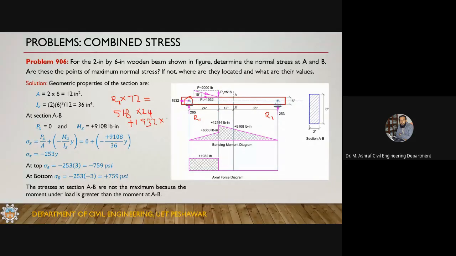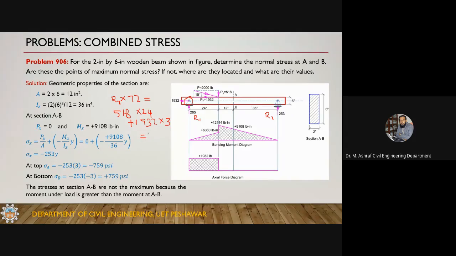So 1932, the moment arm for this force is 3 inches. This total is 6 inches. So the distance from here up to the top, the line of application of the force is 3 inches above this hinge support I have.